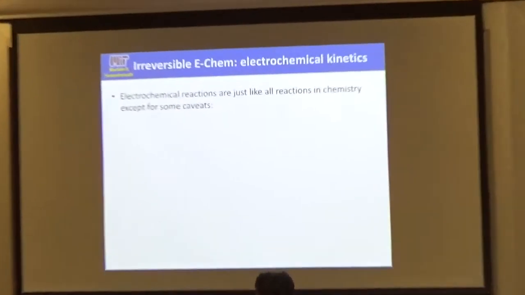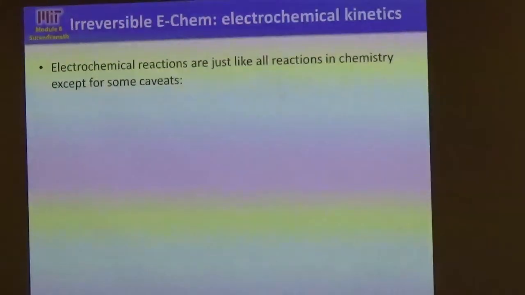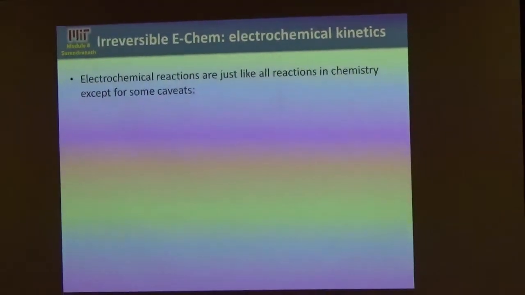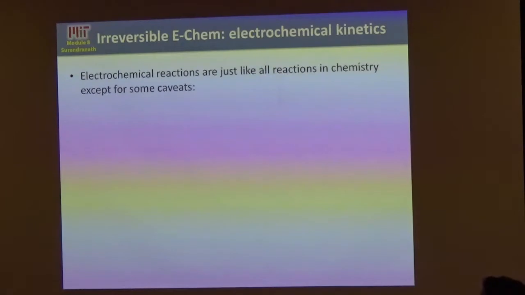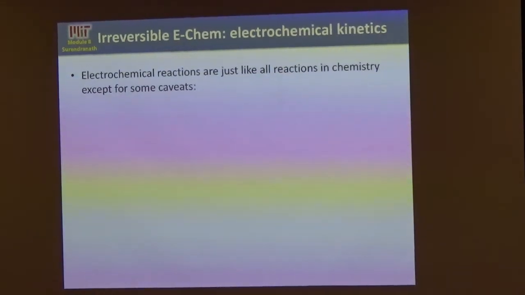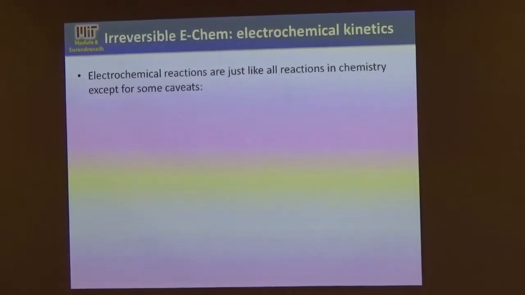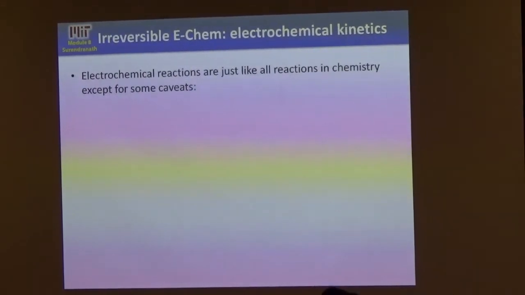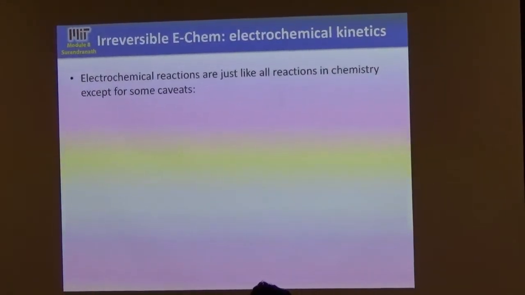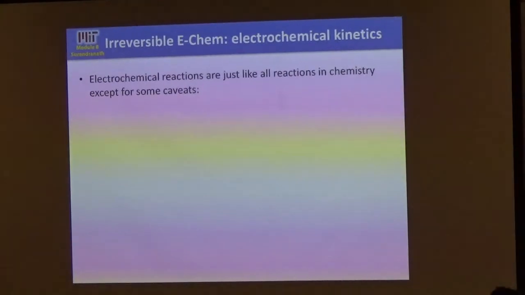Okay, the way I like to describe this is that in an irreversible electrochemical reaction, the kinetics that you know about and learned about and even investigated in, say, Module 2 are no different than what we're looking at here. It's just that electrochemical reactions, like all chemical reactions, have a few additional caveats.